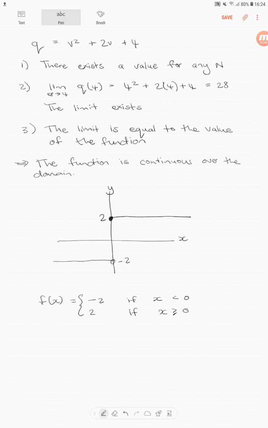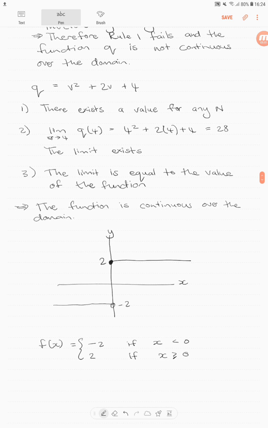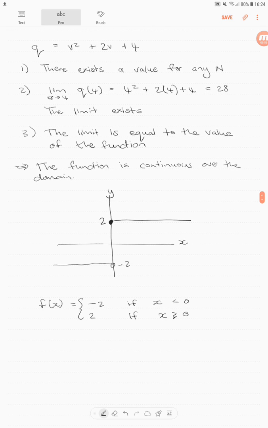So if we want to test our first rule for this function, our first rule is n must be in the domain of the function. So yes, all values of n are defined. Why is this the case? Because even for x equal to 0, we have the value of 2.